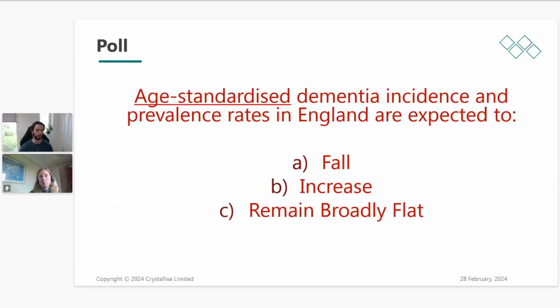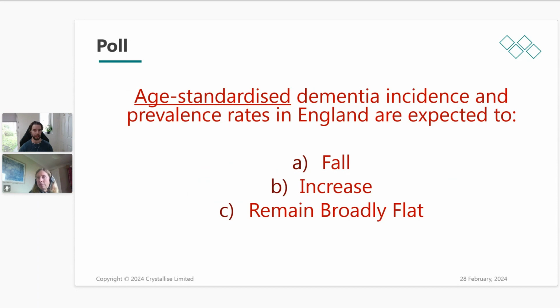Okay, so we're going to take a poll, and this is relevant to the next few slides, where we're going to look specifically at cohort studies to get a better understanding of the true prevalence and true incidence of dementia within England. So if everyone can put down what they think the results of those cohort studies will show us.